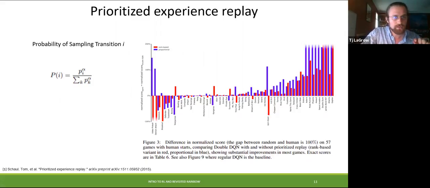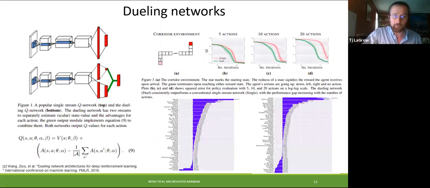Great. So building off of prioritized experience replay, we get dueling networks. Dueling networks were introduced by modifying the DQN network architecture. Specifically, two streams share the initial convolutional layers, as we see in the left figure here. But the green layer indicated here is separately estimating the value function of the state, and the other estimates the advantage for each action.